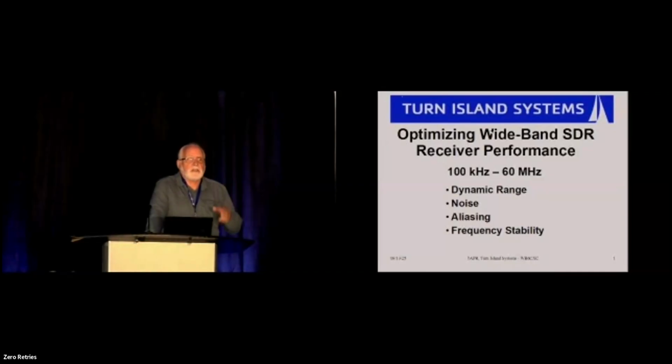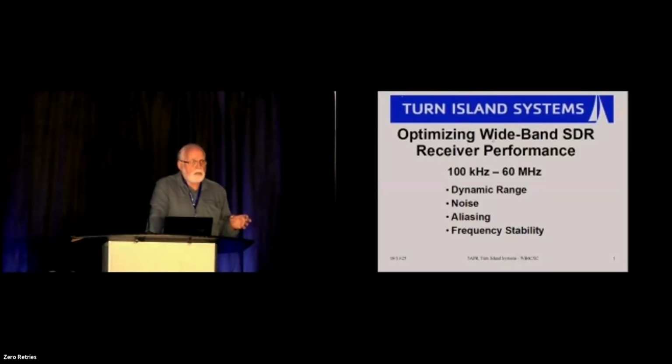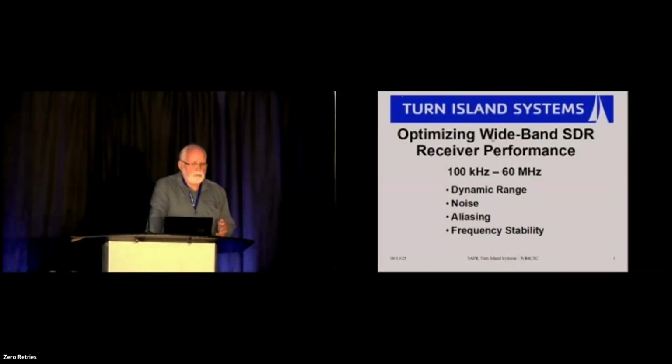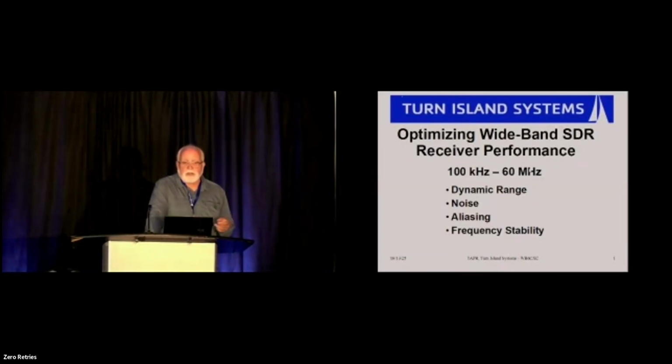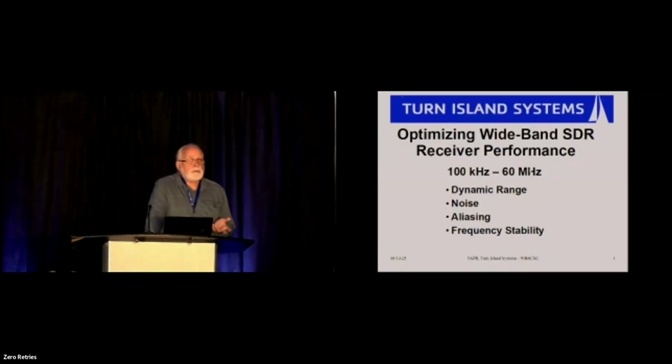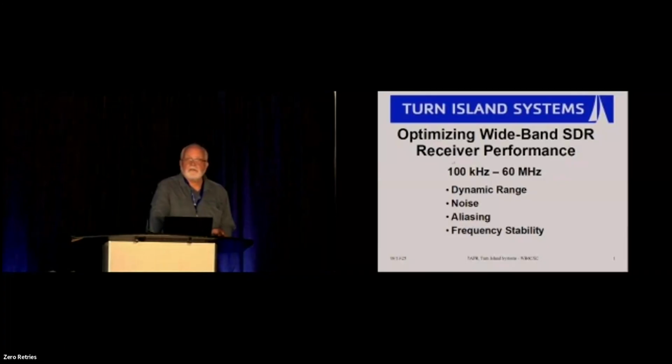And thank God for USB 3, very high speed. I'll talk about that a bit more. But these are things we've just been discovering or finding out. Anyway, dynamic range, noise, aliasing, that's a sampling receiver, and frequency stability, because that's critical in the ionospheric research we're doing.